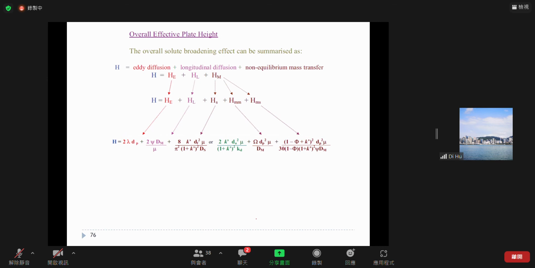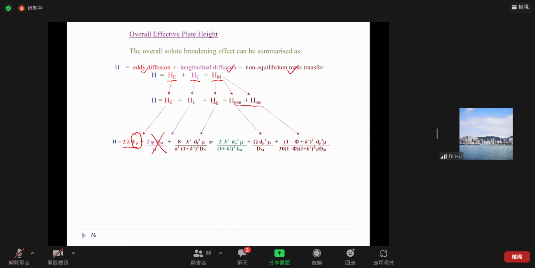Don't be scared, because now you should be very clear in your mind. We talked about eddy diffusion, longitudinal diffusion, and non-equilibrium mass transfer, which are HE, HL, and HM. HE, which is 2 lambda dP, is related to dP, very important. HL is related to DM and mu, but for HPLC we can ignore that. For the non-equilibrium mass transfer, we have the stationary phase and mobile phase.